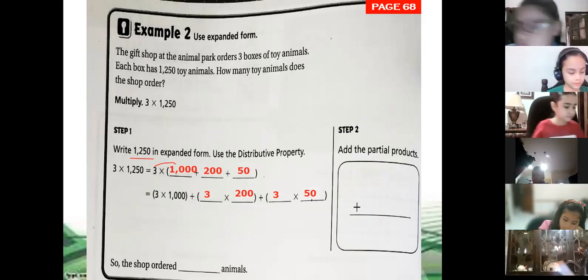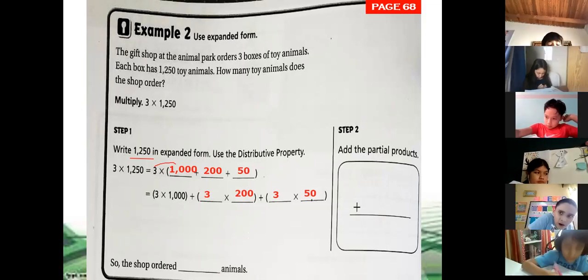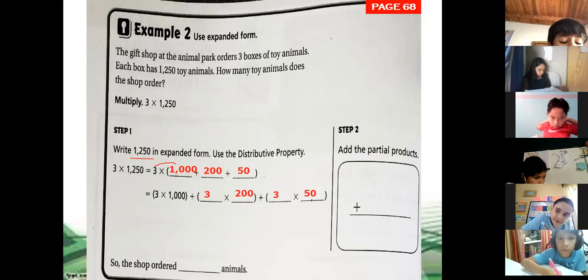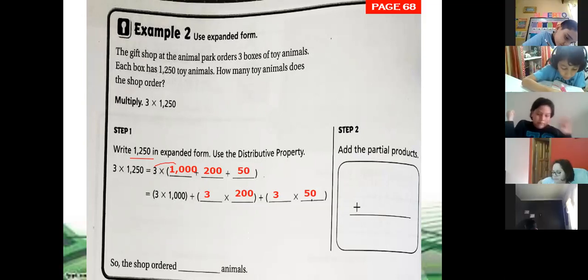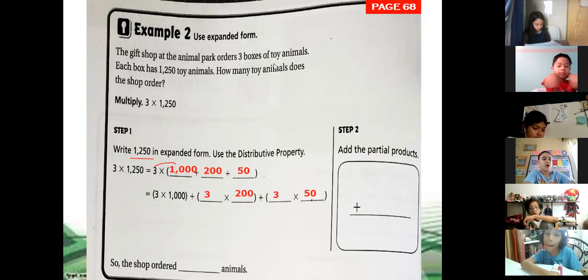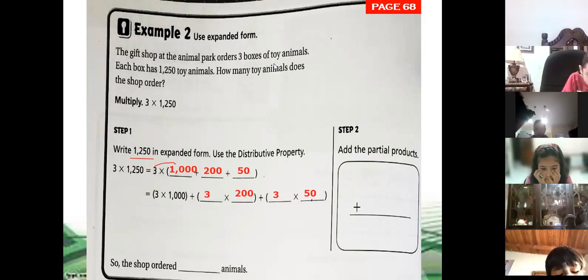Now, what we need to do, class? We need to multiply, right? We haven't multiplied. We just copied, but we didn't multiply. Now, let's multiply. What is the answer of 3 times 1,000? Who knows the answer of 3 times 1,000?